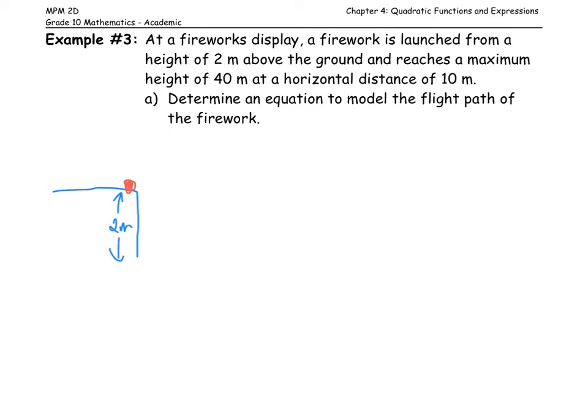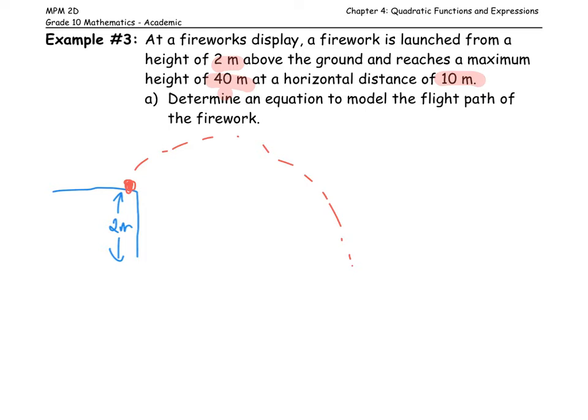And so what I'm going to see is it's going to travel in a parabolic path, as I would expect. I don't know how far it's going to go right now, but we'll sort of leave it at that. And so it's telling me a few other things. It's saying that it's 2 meters above the ground, reaches a maximum height of 40 at a distance of 10 meters.